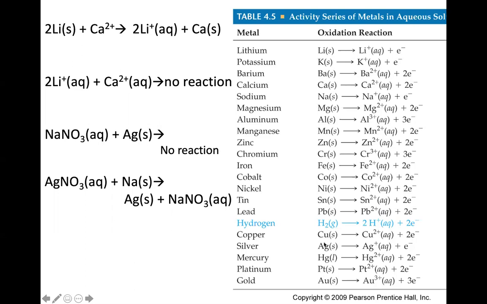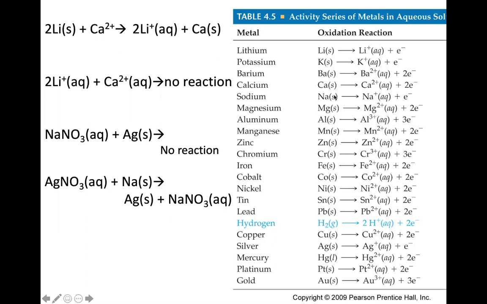Silver solid and sodium ions way up here. Silver solid, I see silver solid all the time. I rarely see the silver ions. It's favored to become the solid, and it already is the solid. There's no reaction if I'm combining the solid with an ion that's above it. So the opposite is taking place. The opposite does occur then.